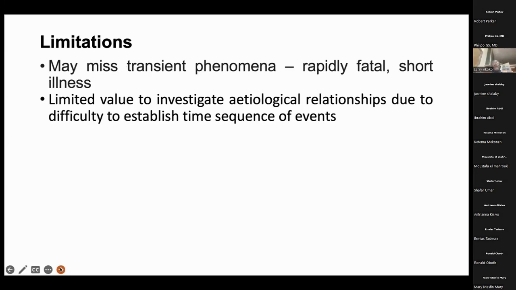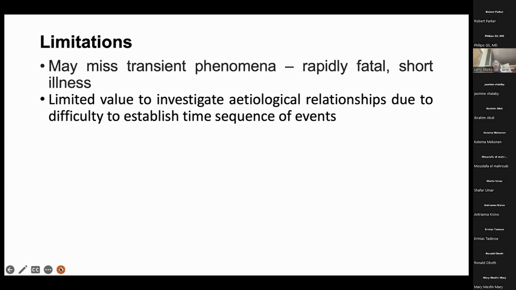If a phenomenon is transient, like rapidly fatal or a short illness, you might miss it. We said it's a prevalence study, so you may want to look at the prevalence of flu in a community. Looking at the prevalence of flu today among school-going children is possible.